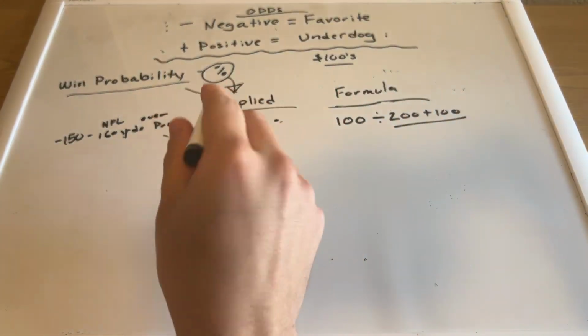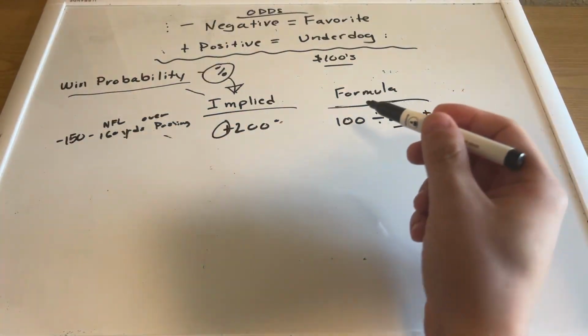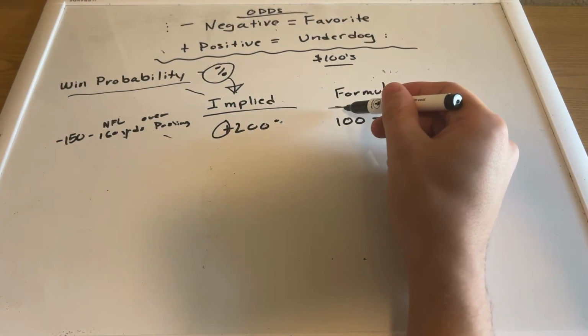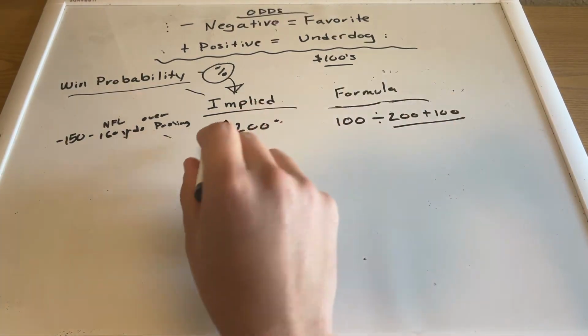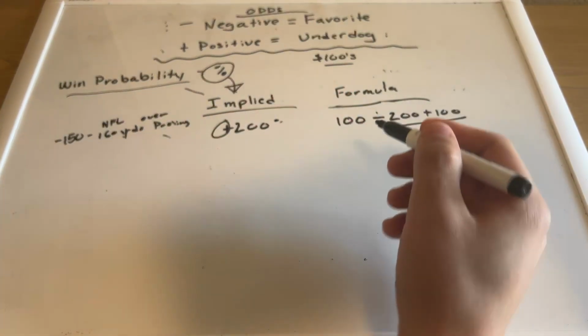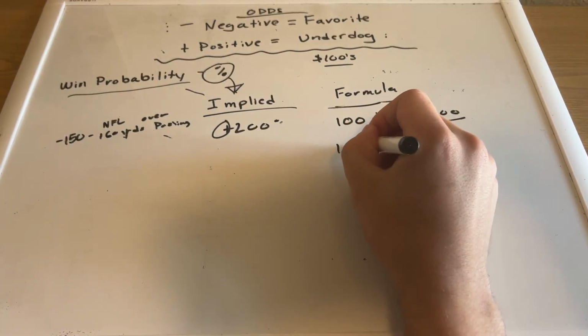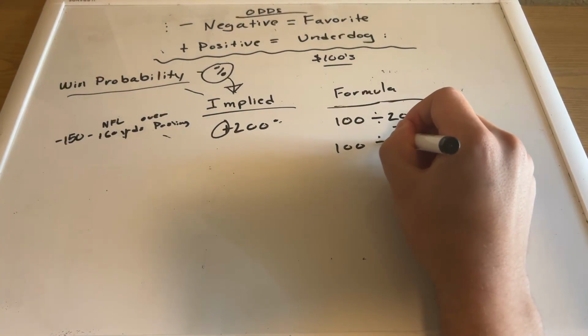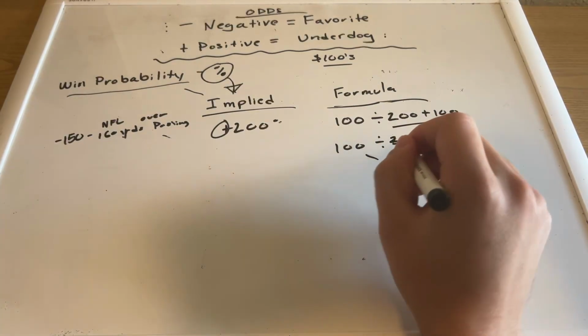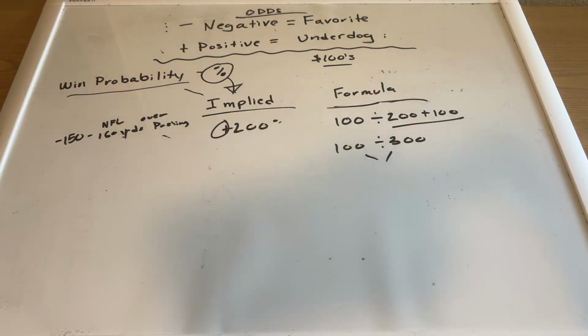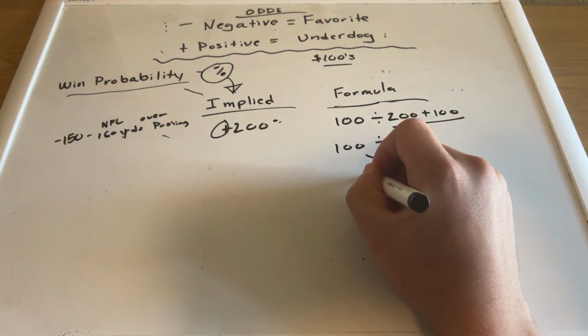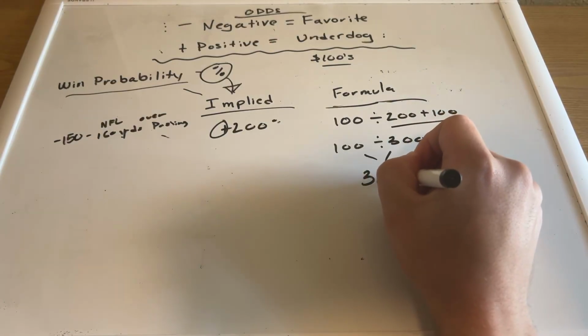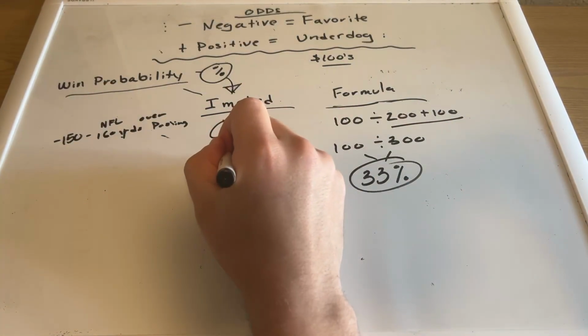So it's positive, you're the underdog. The money that you're going off of is going to be on the front when it's positive. So it's flipped. In this situation, it's 100 divided by 300. And you calculate that. So we're doing 100 divided by 300. And you're going to have 33% on this one here.